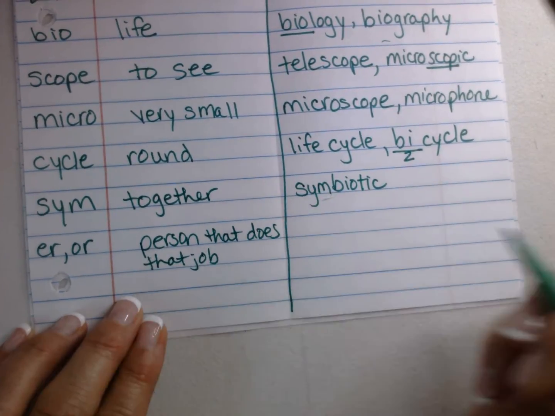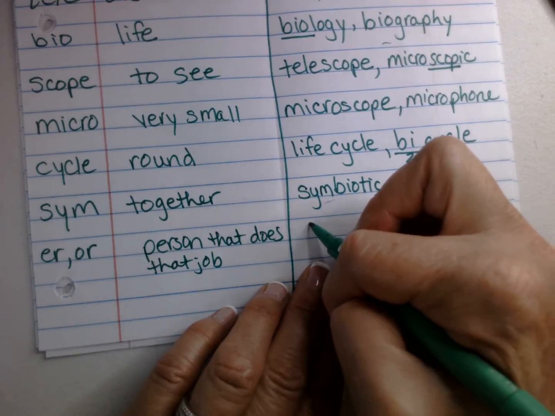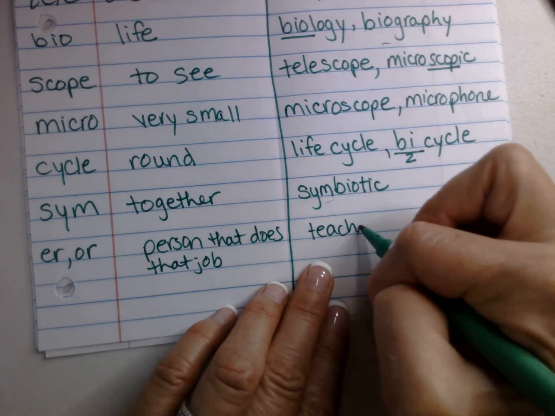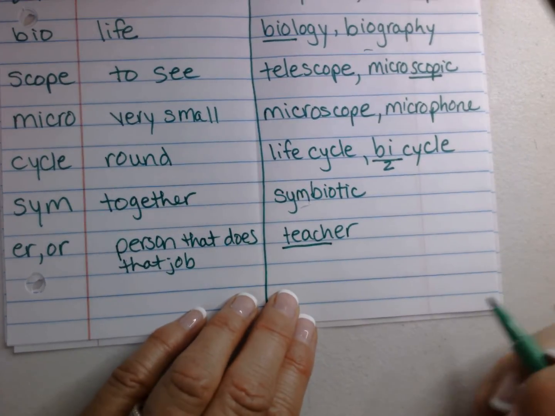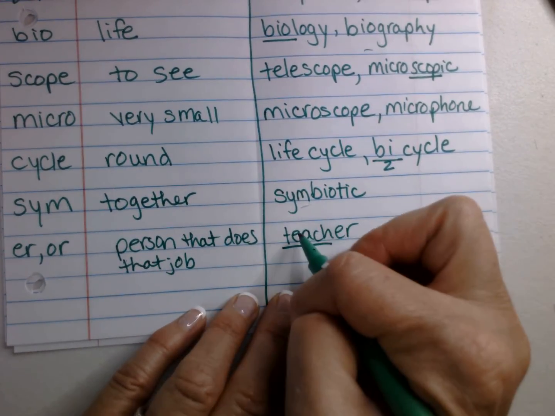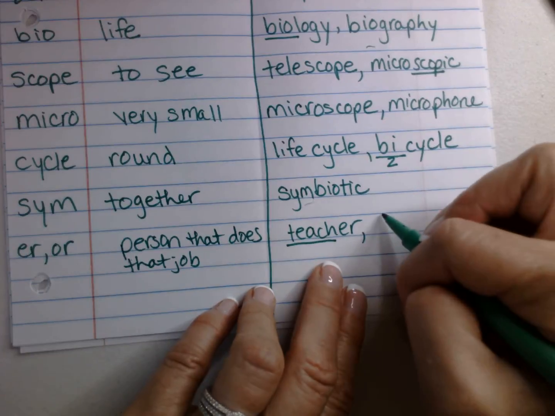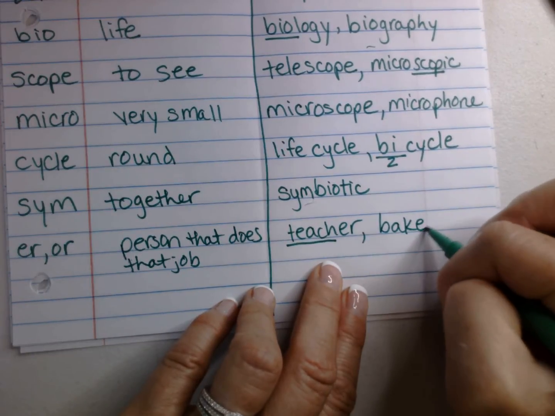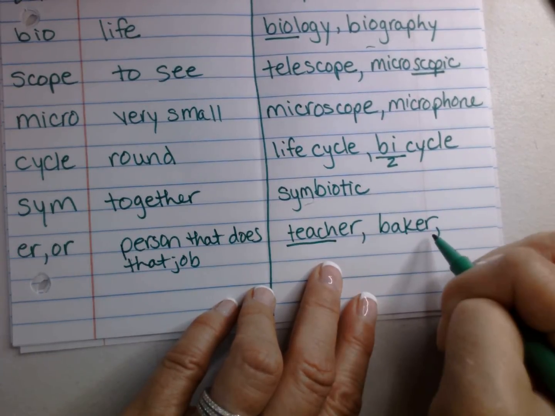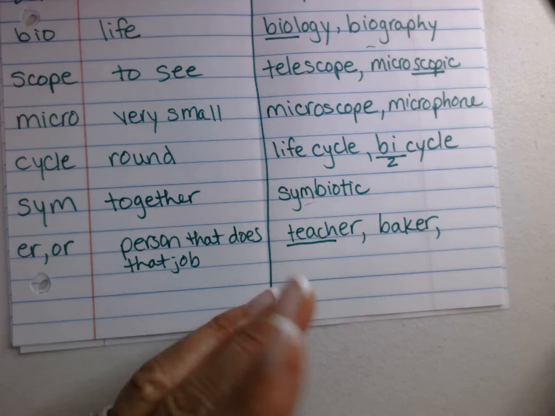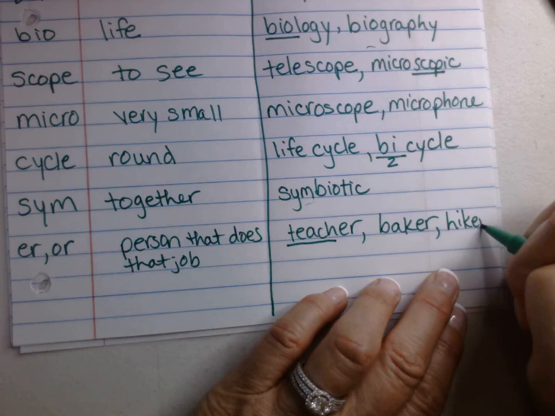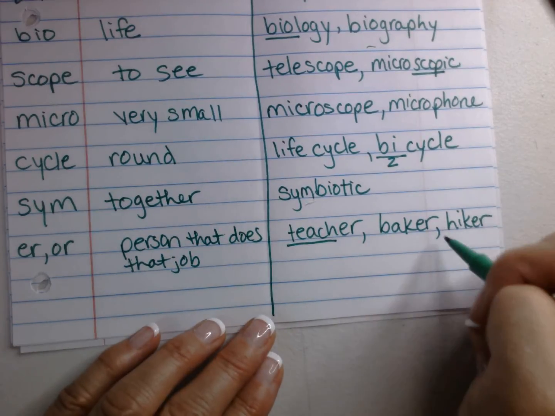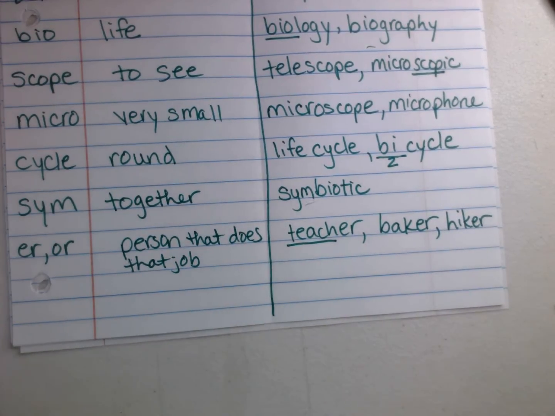And what I mean by that was like a teacher, when we add on the er to the verb teach, that means that the person does this as a job. Or a baker, they bake as a job. It doesn't always have to be as a job, as we can say somebody that's hiking, they hike. That's what they're doing.